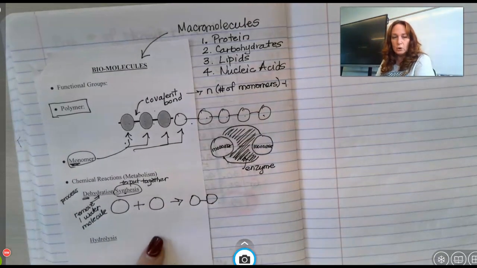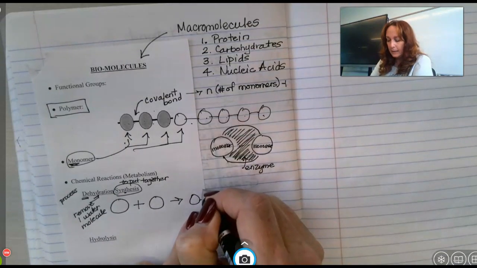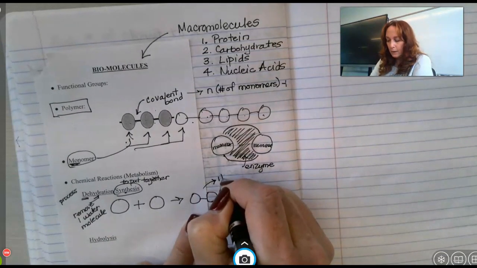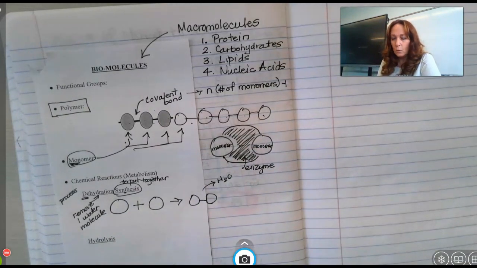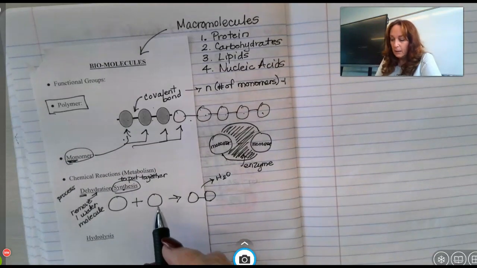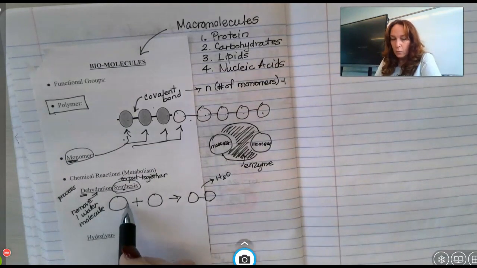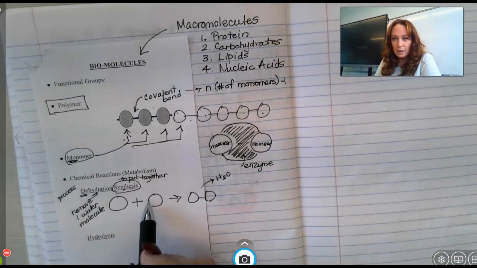So what they'll usually show is this bond has been made, and they'll have an arrow, and they'll show a water has been removed. We'll get into a little more detail, but what tends to happen is on one side of one monomer is a hydrogen, and on the opposite side of the next monomer is a hydroxyl.